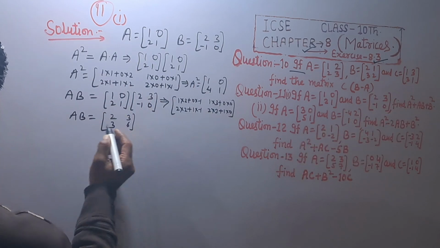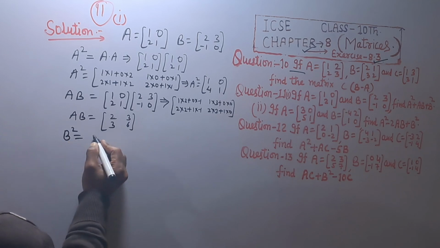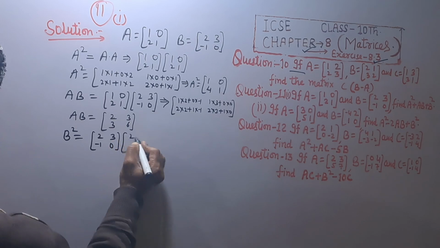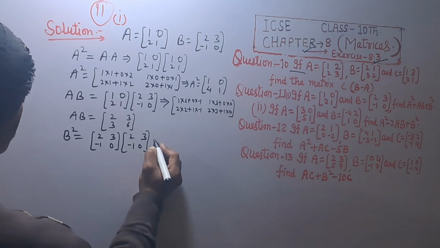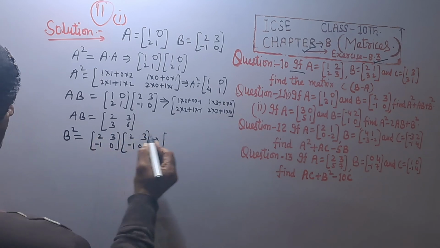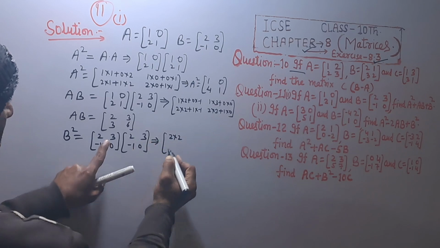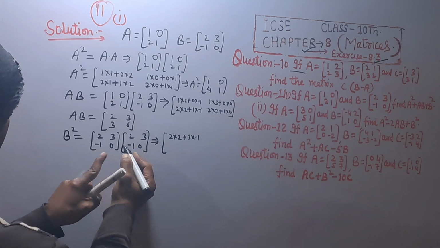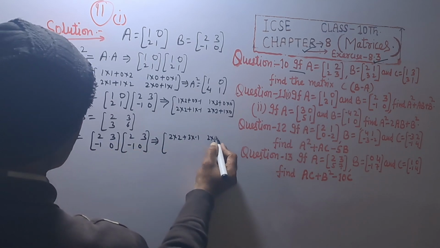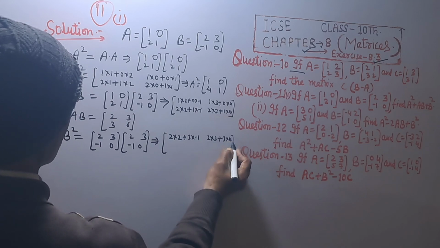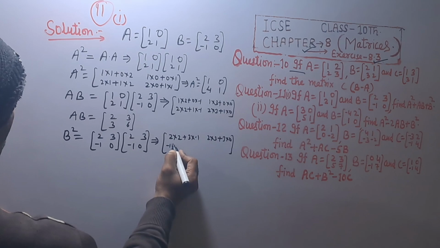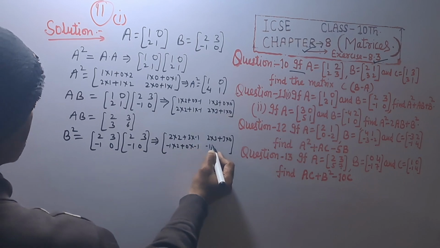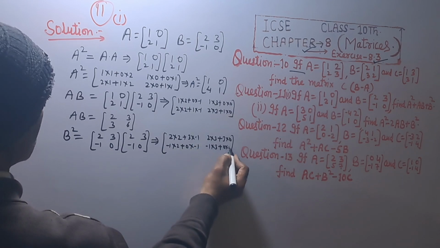AB is [2, 3; 3, 6] and B square equal to B into B, [2, 3; -1, 0] into [2, 3; -1, 0], which implies 2 into 2 plus 3 into -1, and 2 into 3 plus 3 into 0, -1 into 2 plus 0 into -1, -1 into 3 plus 0 into 0.